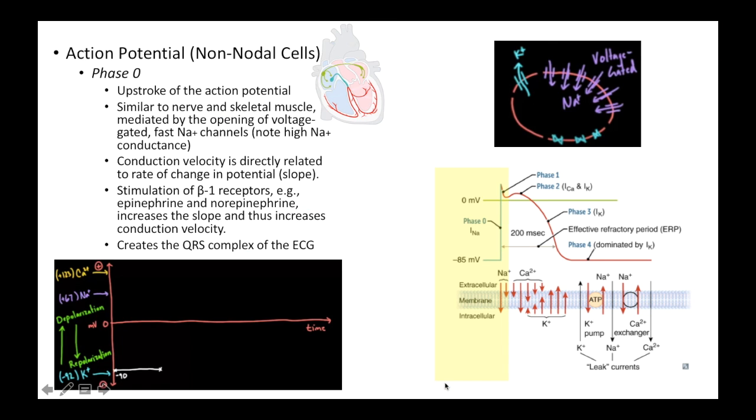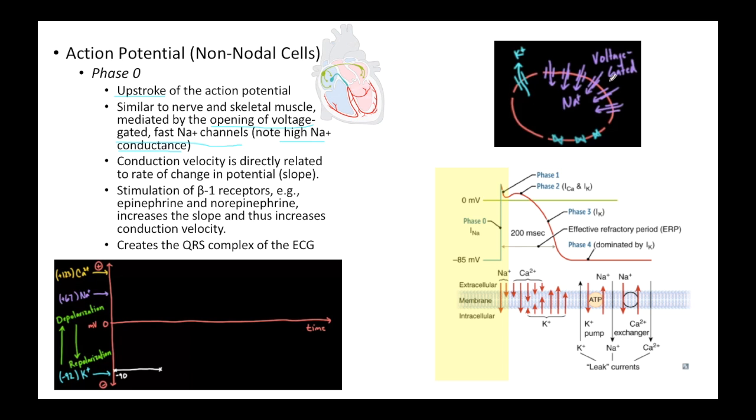So we're going to start with phase 0 of our action potential. Like I said before, this is our rapid upstroke and depolarization. What happens here is we have our voltage-gated fast sodium channels opening. Because of that, we have a high sodium conductance.